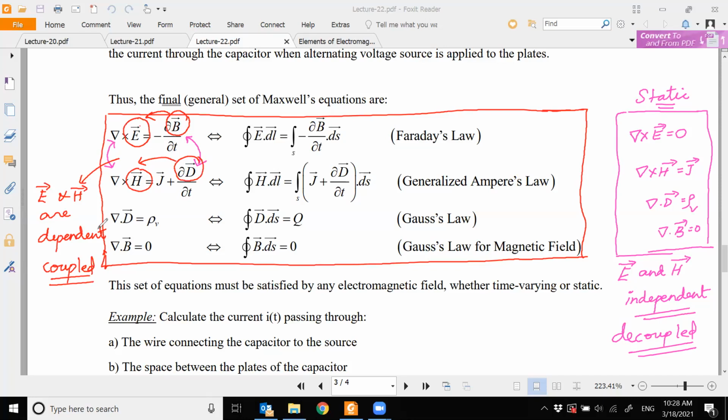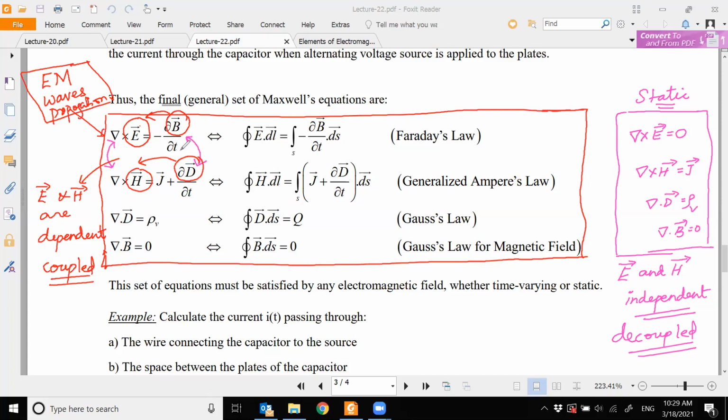They are coupled, and this is the main reason for electromagnetic waves and their propagation. They are depending on each other. They have become coupled, so one is becoming the source of the other.